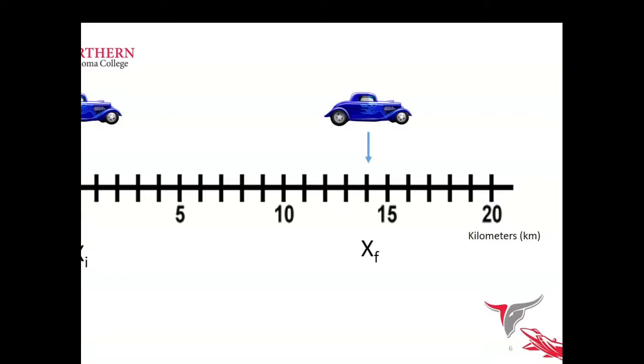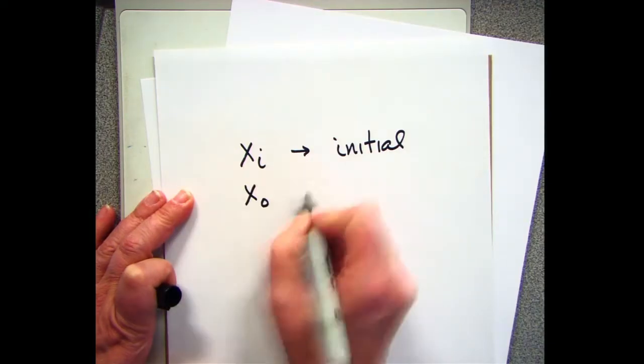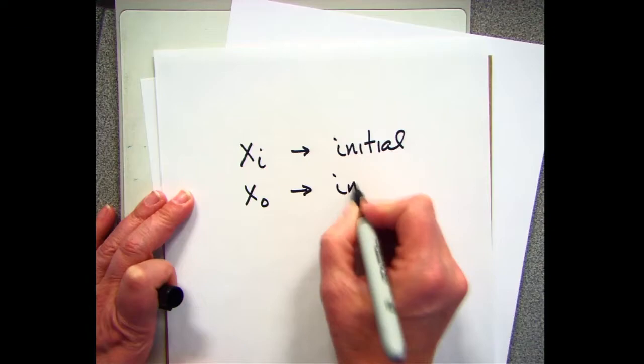We are going to use subscripts a lot to help us keep track of things. For the final, we're going to use F. We'll also use I for initial. I'm going to go to the document camera. We can write X sub I, which means our initial position, or we can write X sub naught, which is also initial.